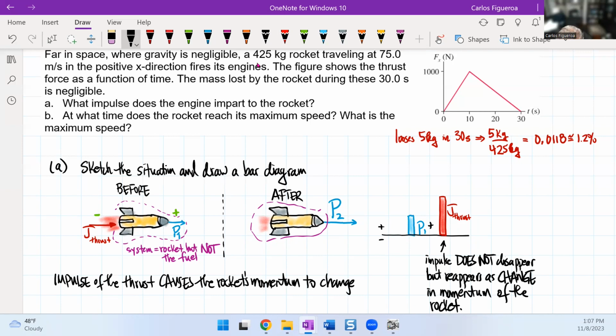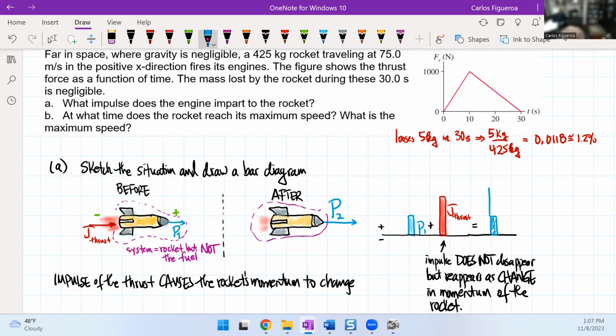And so if I continue to think in this way, look at the initial momentum. It's this amount right here. This is the initial momentum. Now, when I look at that impulse, you can see that the impulse is 2 squares.